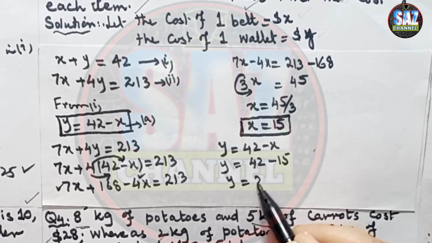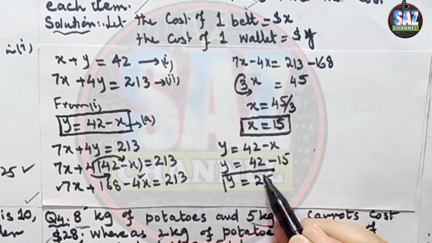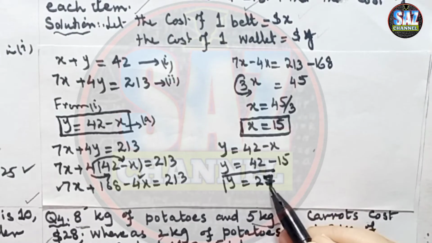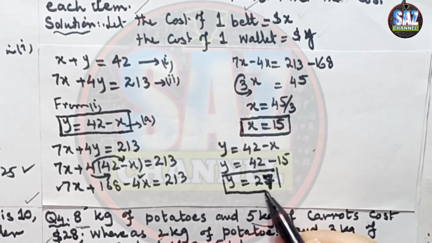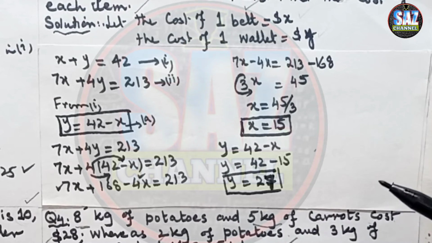Y equals 27. Now let me add up 27 and 15. 7 and 5 is 12. Yes, this is 42.